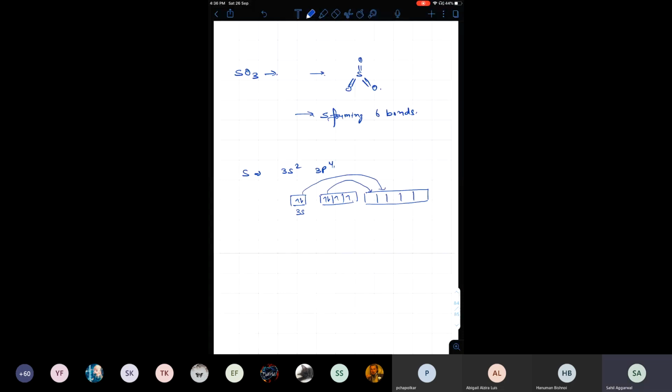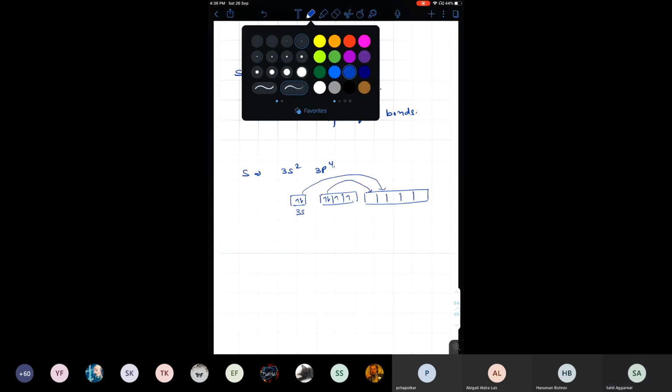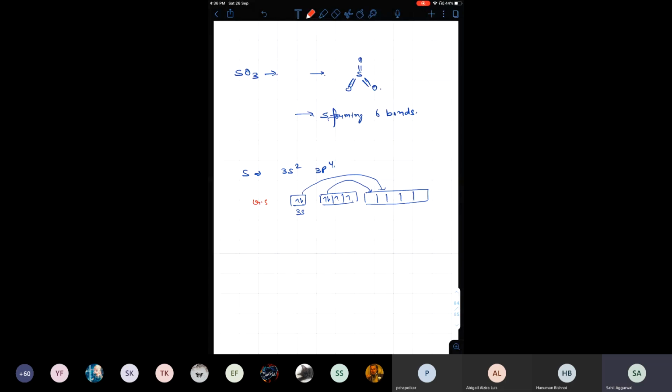This is the ground state. In the second excited state, it will be like this.